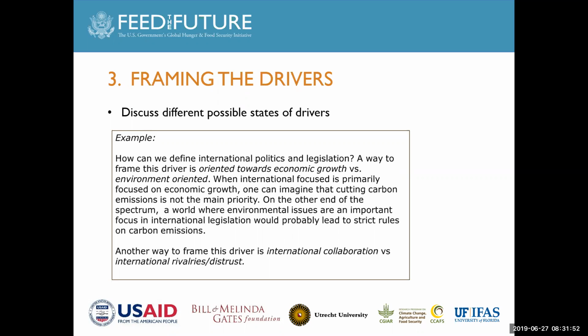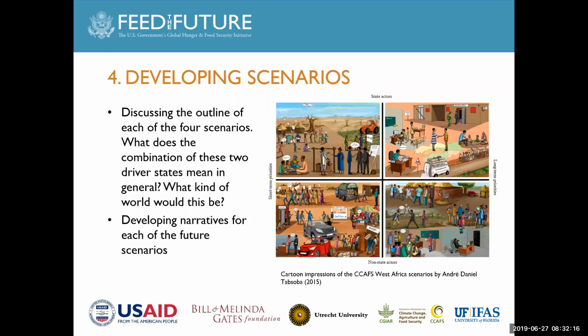Another example might be to frame this driver in terms of international collaboration versus international rivalries or distrust. I hope this is clear. And that's really a discussion among the participants, which is very important to define the different drivers that will structure the scenarios.